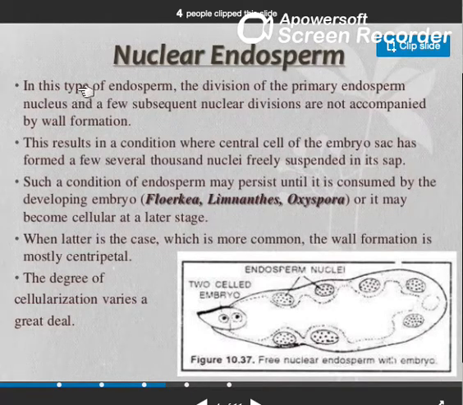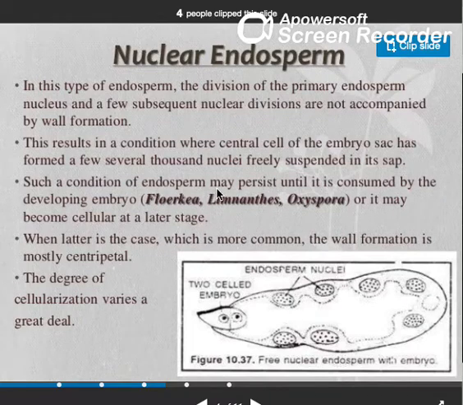Here is another note regarding nuclear endosperm. It's the same note, but I'm just reading it out. In this type of endosperm, the division of the primary endosperm nucleus and a few subsequent nuclear divisions are not accompanied by wall formation. This results in a condition where the central cell of the embryo sac has formed several thousand nuclei which are freely suspended in its sap.